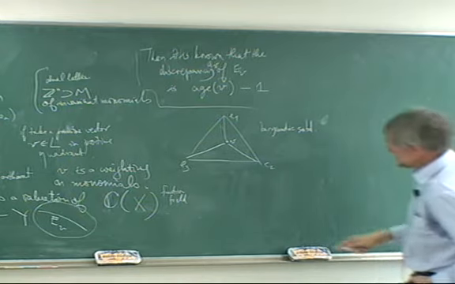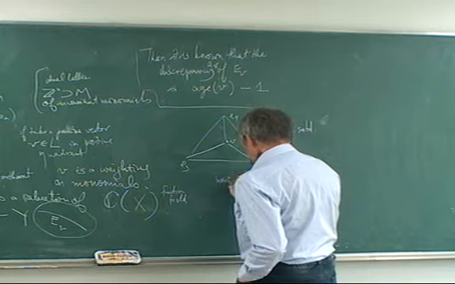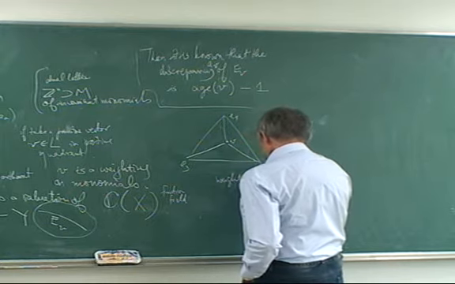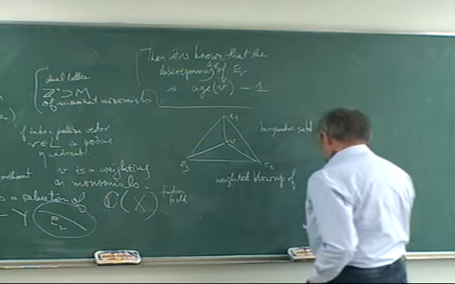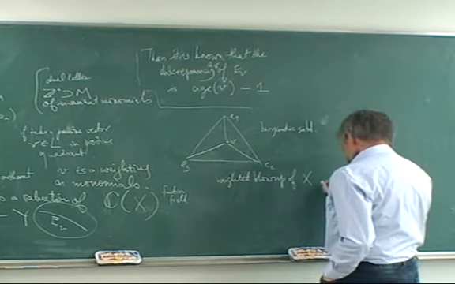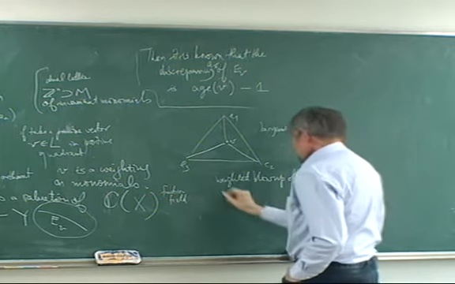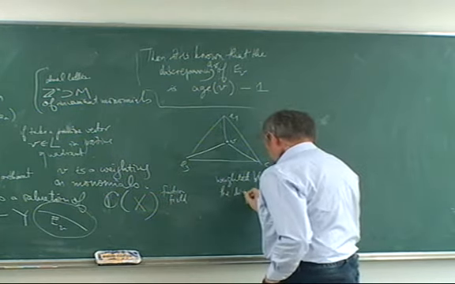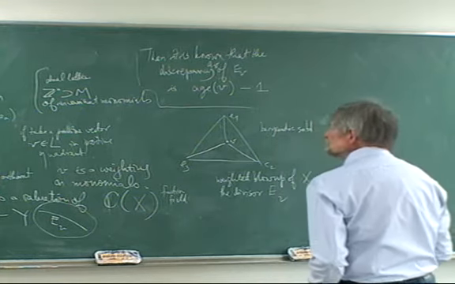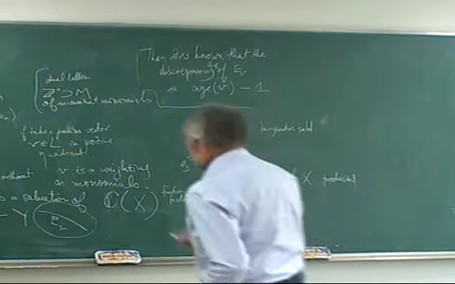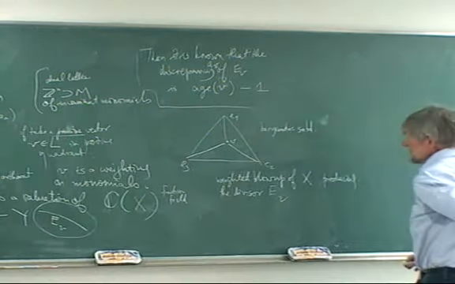And this is a weighted blow up of X, producing the divisor E_nu. I said V was a primitive vector.